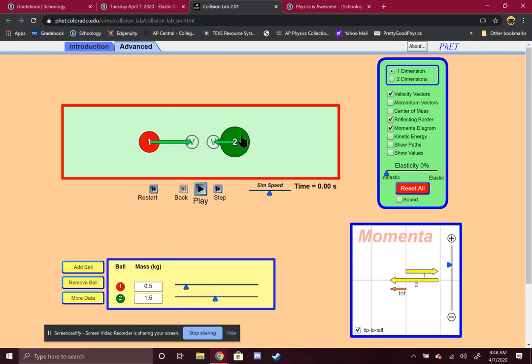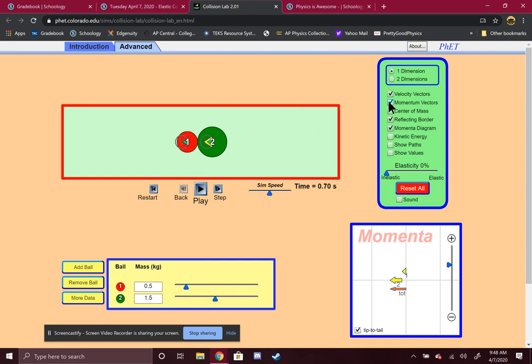Red's going to the right, green's going to the left. You hit, boom. Hopefully you see that the green is still going to the left, it just shrunk. So it's same direction, decrease in magnitude. For the red one, it would be a decrease in magnitude, different direction, because it completely flips directions.